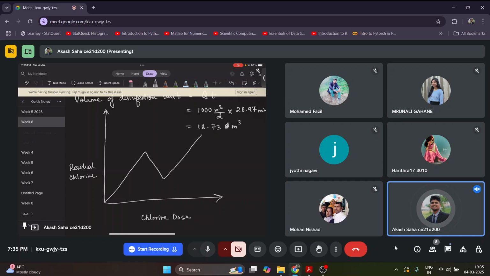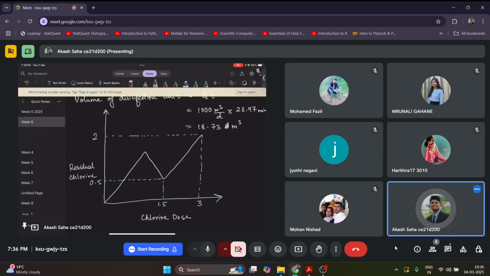So this is 1.5, this is 3, this is 0.5, this is 2. These are the values given.